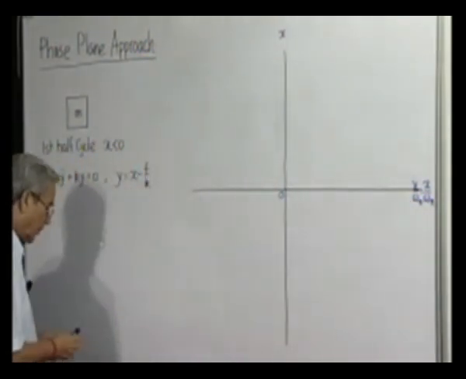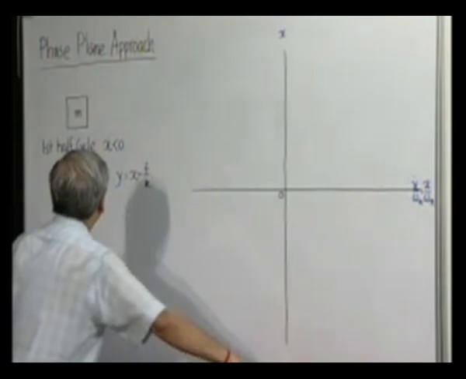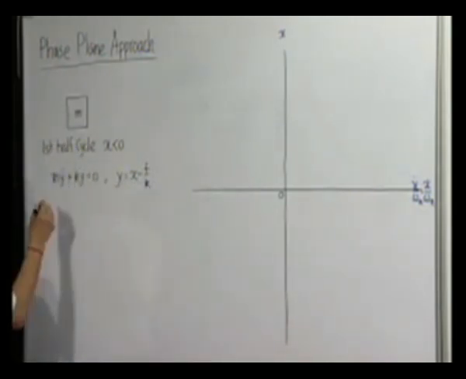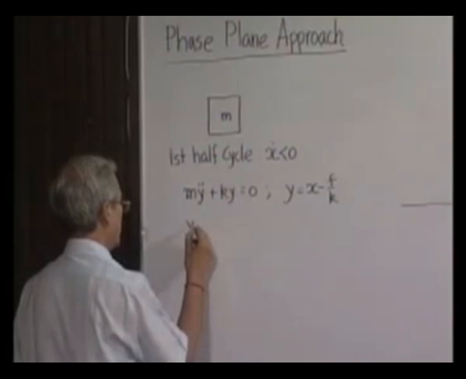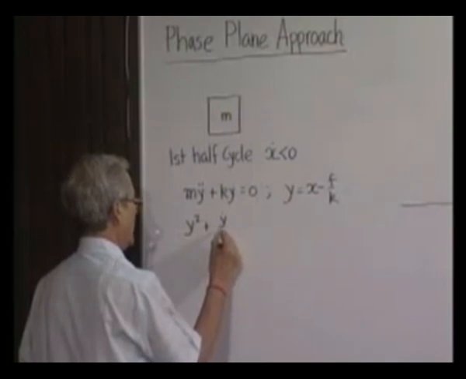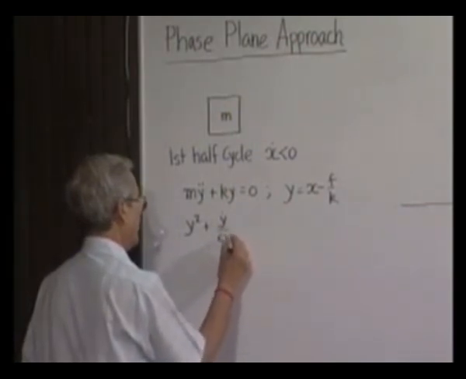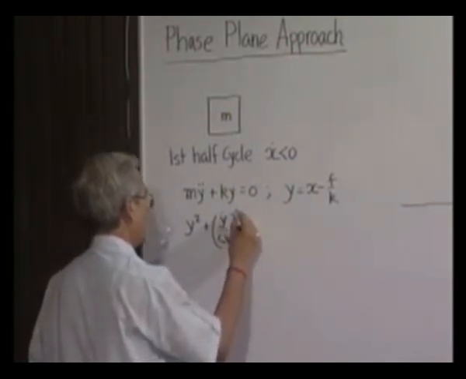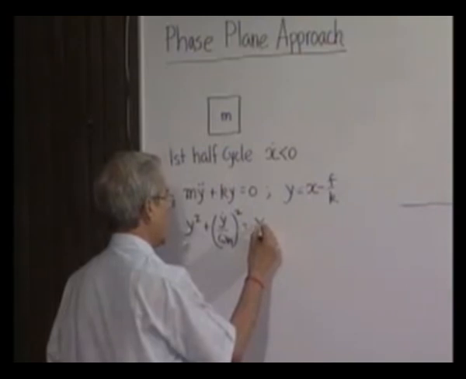Same axis. Then we know that here the solution is y square plus (y dot by omega n) square, which will be a circle.